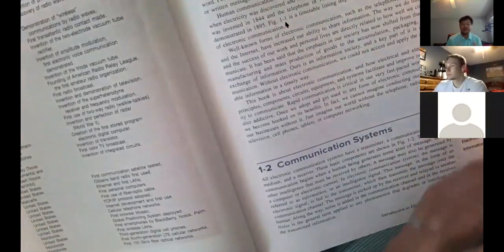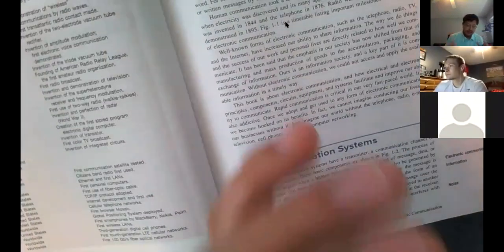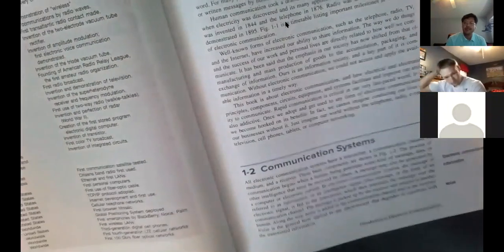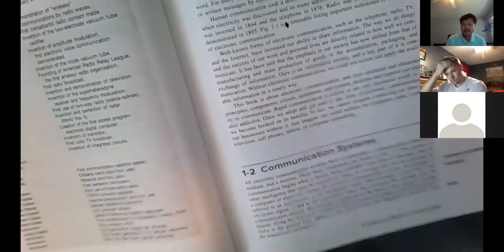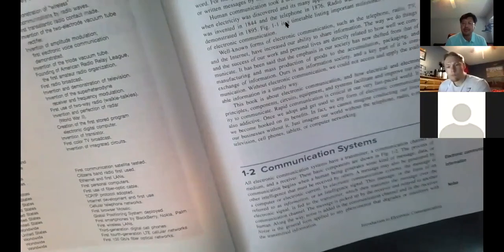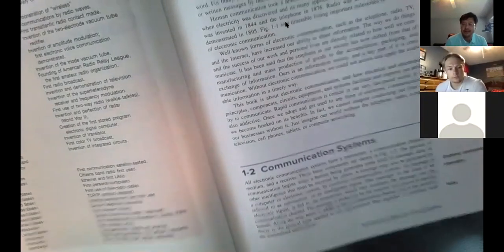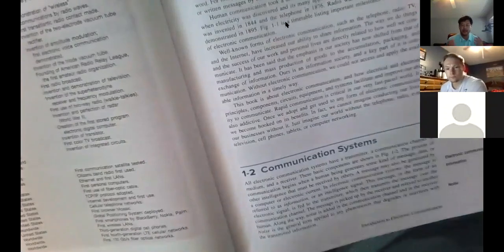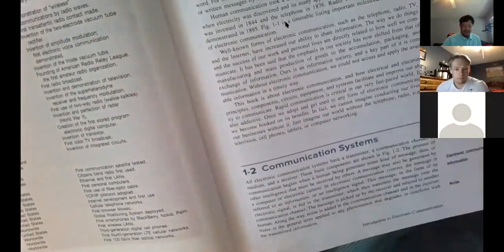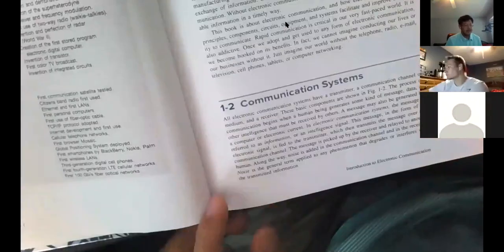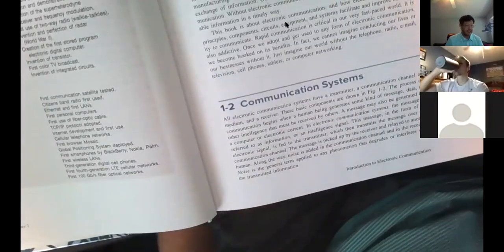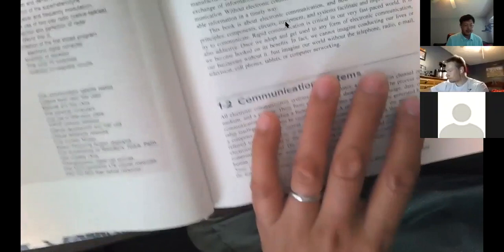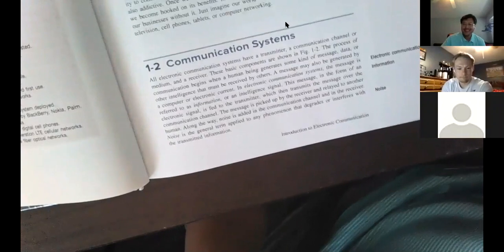So our subject is the machines which make human communication possible. We build machines to make people communicate. Our subject of communication is to build or study machines. That is our first subject. We are studying machines, not making you a better communicator, fortunately.